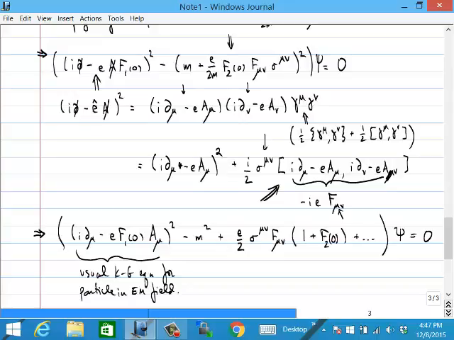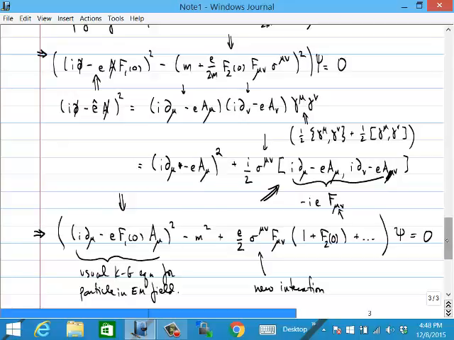You replace p mu by p mu plus A mu. Right? That's the usual rule for describing the coupling of a particle in a magnetic field. And that's exactly what this term is here. And this describes some sort of new interaction between our particle and an electromagnetic field.